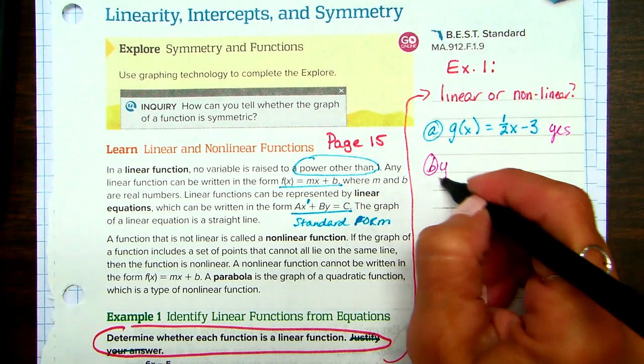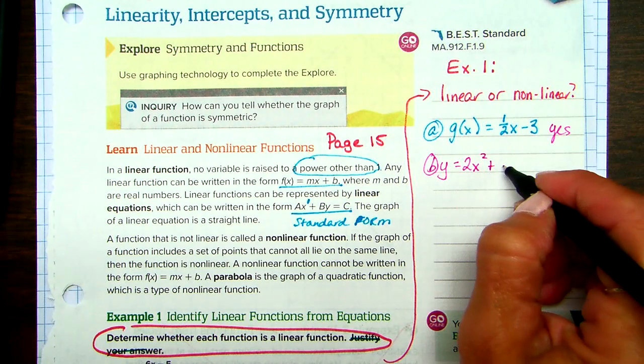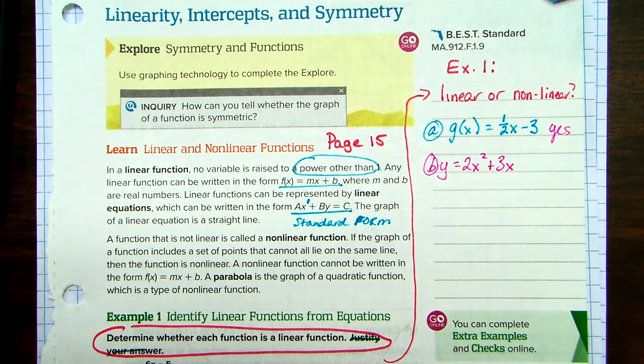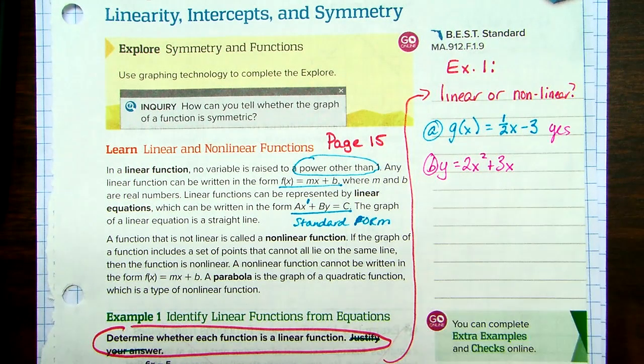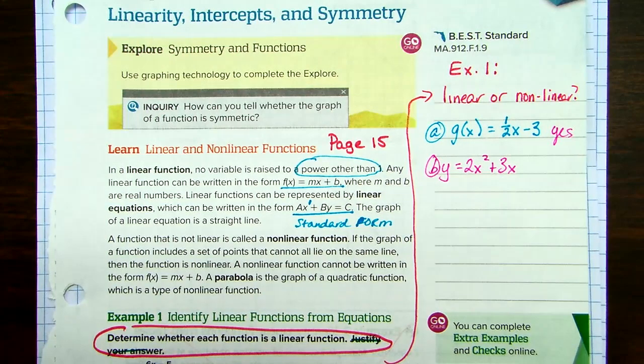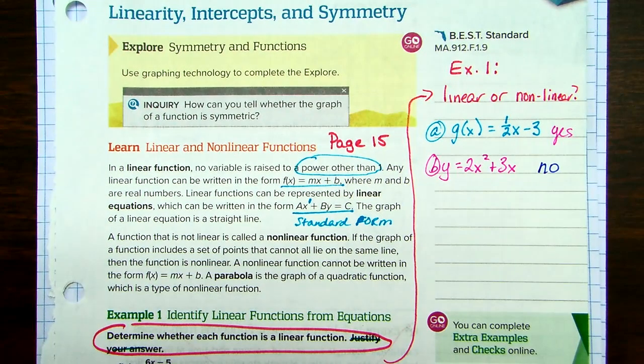Let's try another one. Linear or not? No. There is an x to the first, but there's also an x to the second. The minute you see that, we say, no, not linear. This would not make a line, okay, if we graphed it.